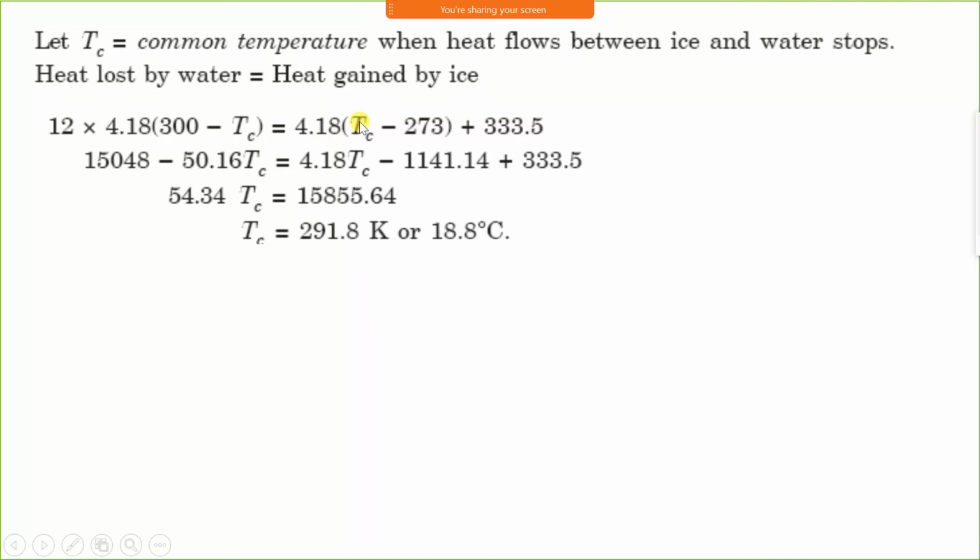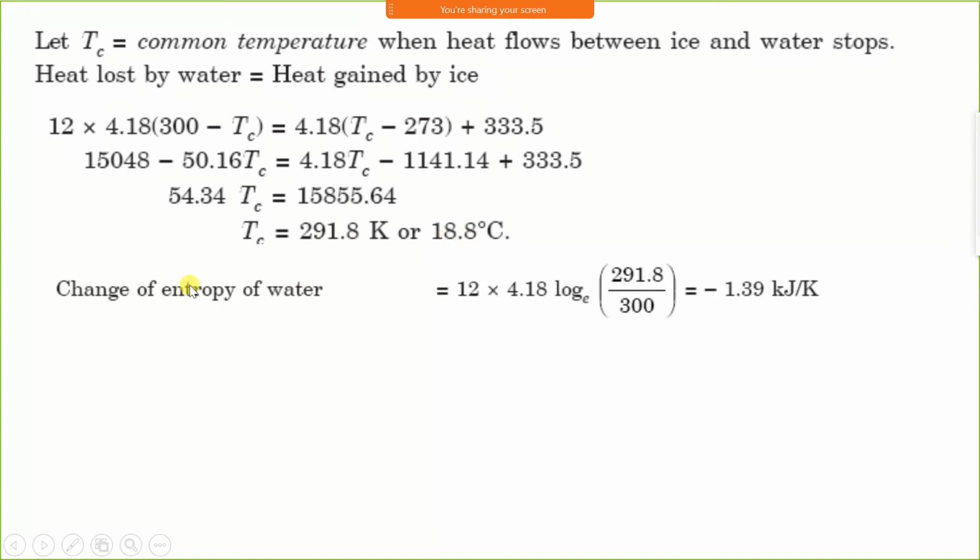Then ice temperature will increase. It means the final temperature of ice, which has become liquid now, is Tc, and initial temperature was 0 degrees Celsius, that is 273 Kelvin. We have to calculate temperature Tc, that is common temperature, and Tc is 291.8 Kelvin, which is equal to 18.8 degrees Celsius.